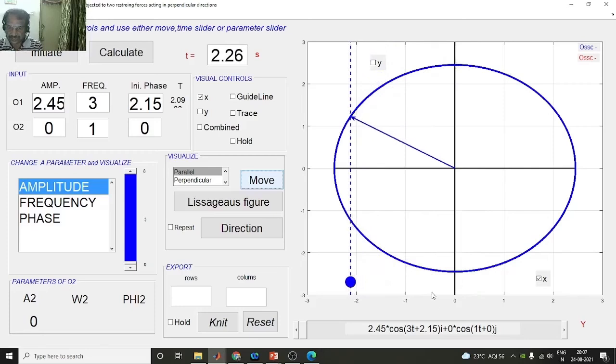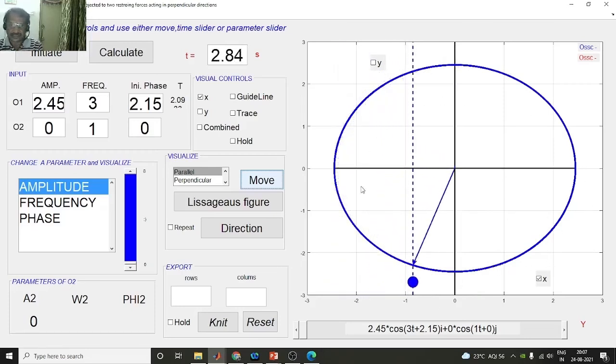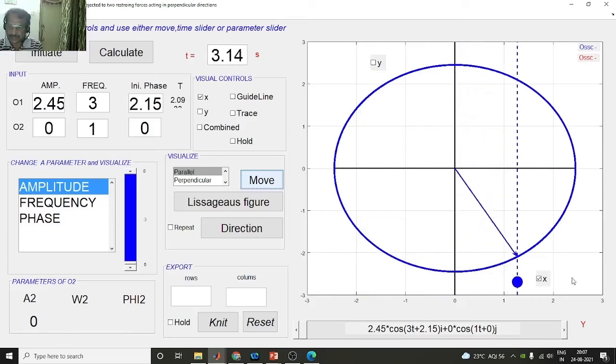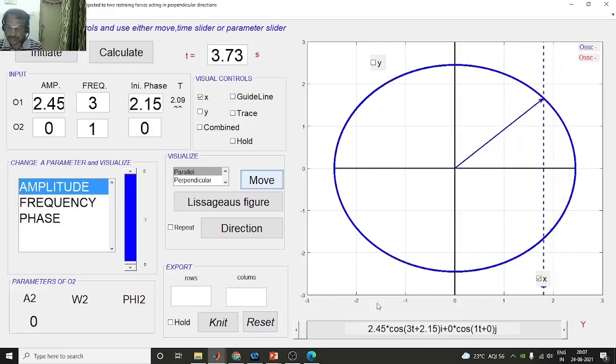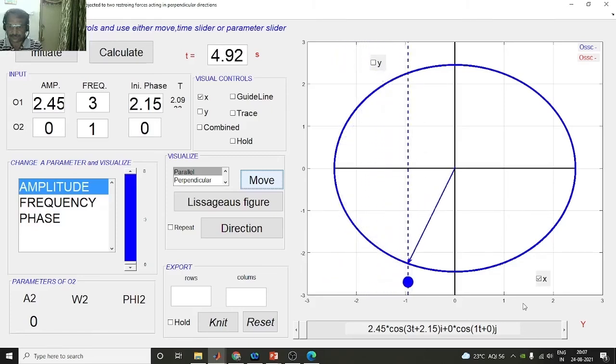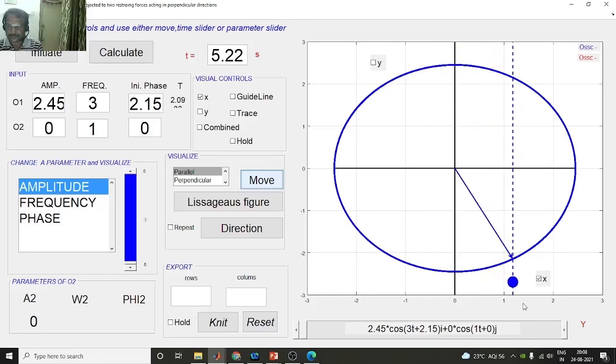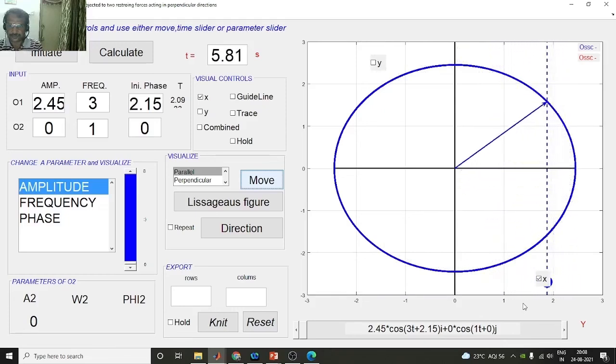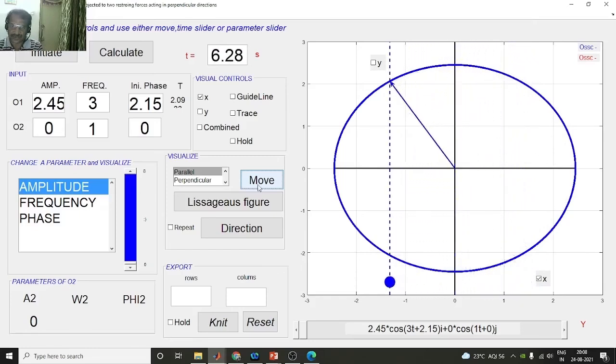So this vector makes 3 rotations in the simulation, and in the same time the actual oscillator would have made 3 to and fro complete oscillations. Remember, the rotation is always anti-clockwise.